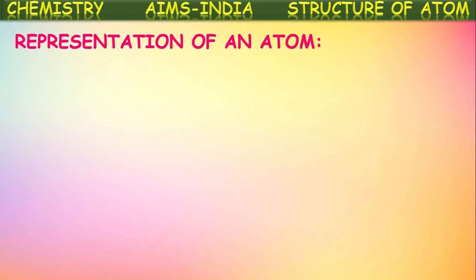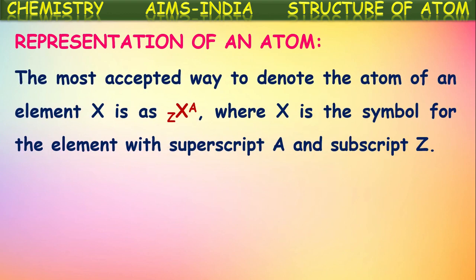Next, let us see how to represent an atom. The most accepted way to denote the atom of an element X is ZXA, where X represents the symbol of that element, Z represents the atomic number of that element, and superscript A represents the mass number of that element.